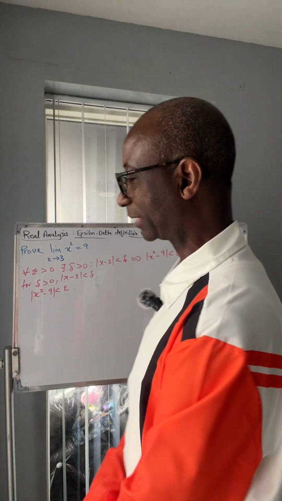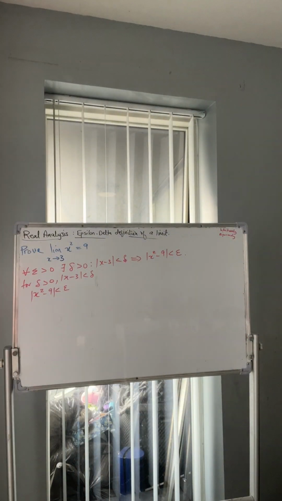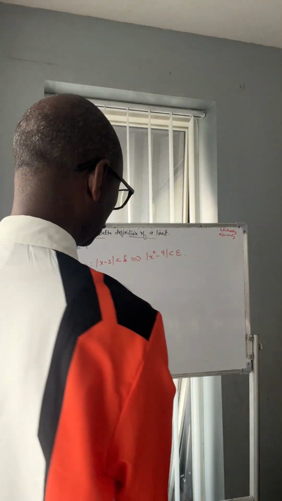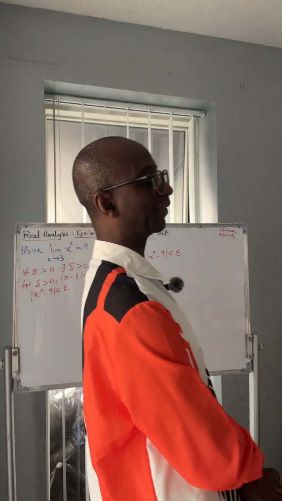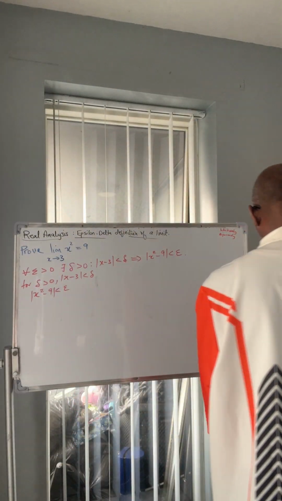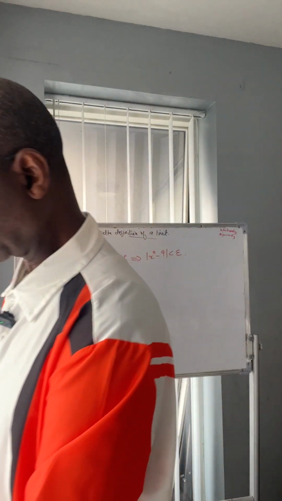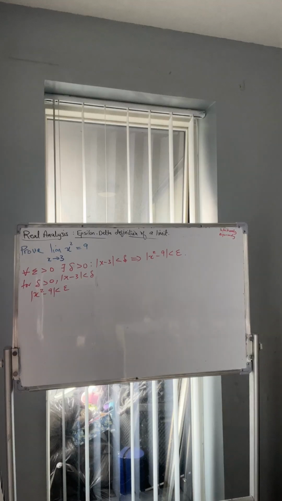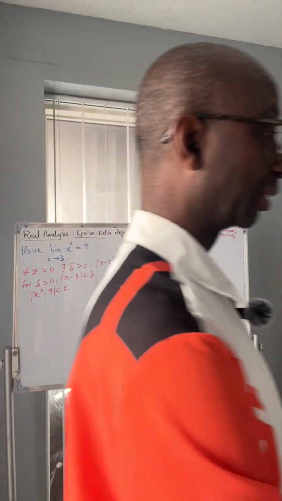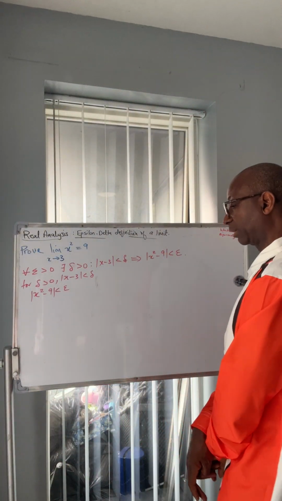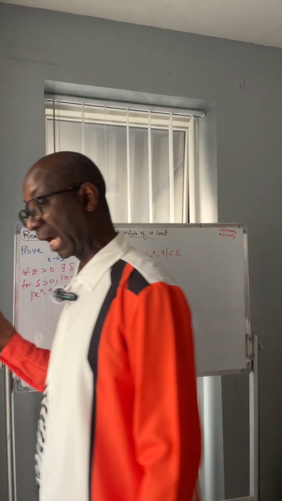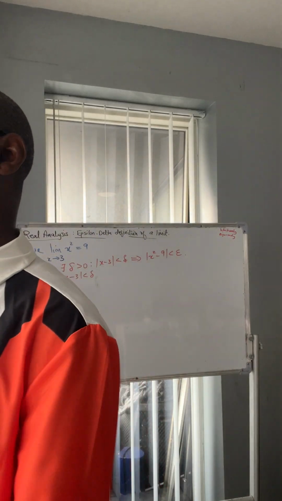You always use epsilon to find delta for these proofs because epsilon is given to you, or it can easily be found from the function. Epsilon can easily be calculated. What is difficult to calculate is the delta, because epsilon is like the output. You are given the output and you want to find the input.